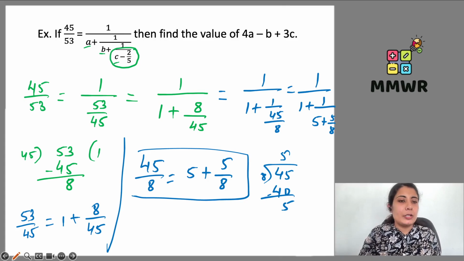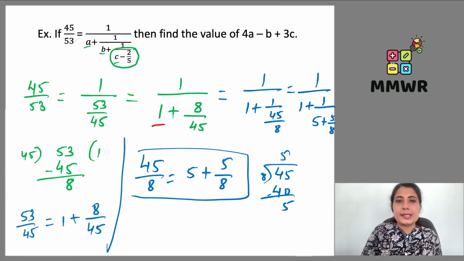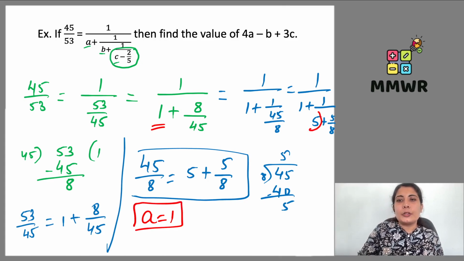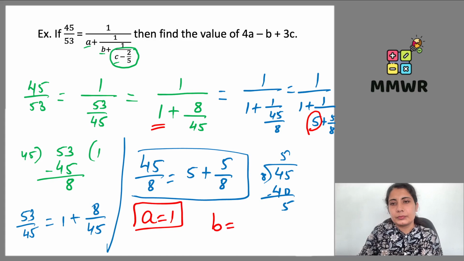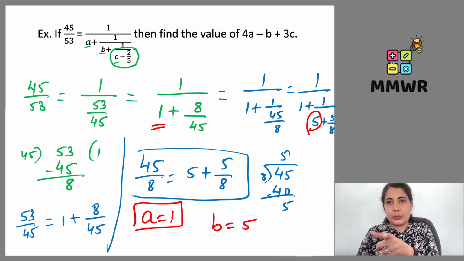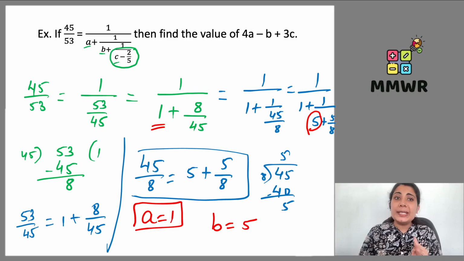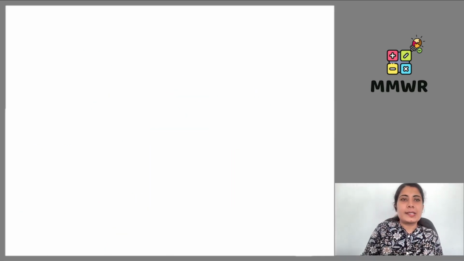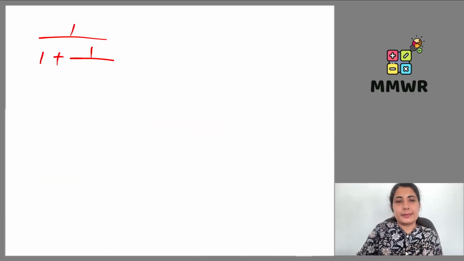That means this is the value for A, 1, and this is the value for B, 5. So 1 plus 1 upon B plus 1 upon, so 5 plus 5 upon 8. Now the next step is 1 upon 1 plus 1 upon 5 plus, and 5 upon 8 we will write as 8 upon 5.